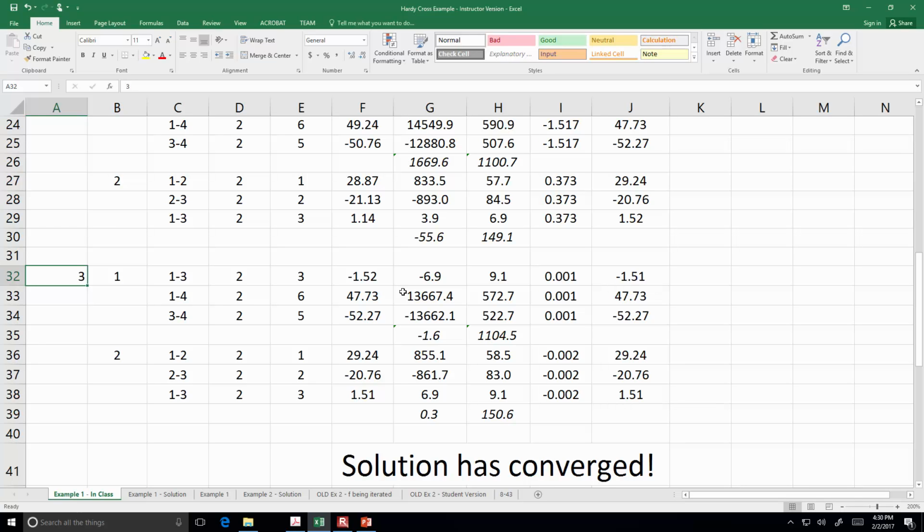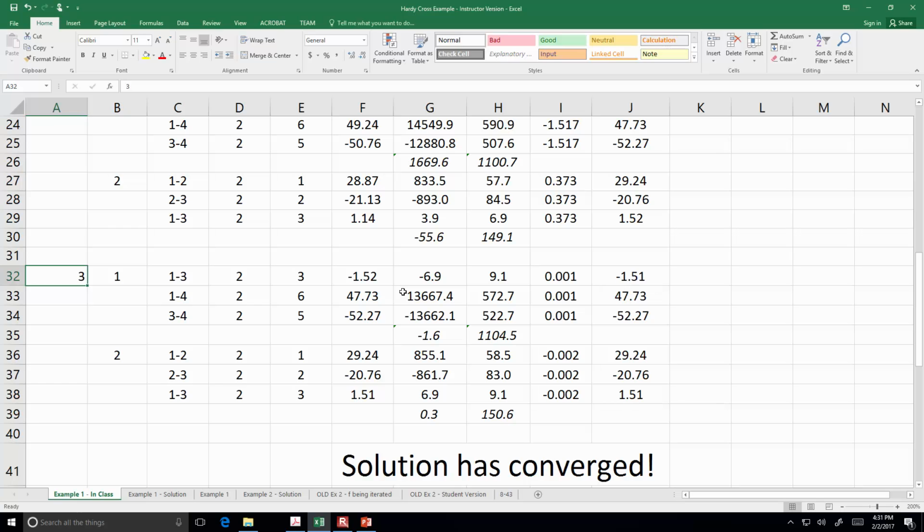But let's check continuity here. Okay, so in our final solution, we said that pipe 1-4 has a flow rate of 47.73. And that's a positive, which means it's going this way. Pipe 1-2 had 29.24.